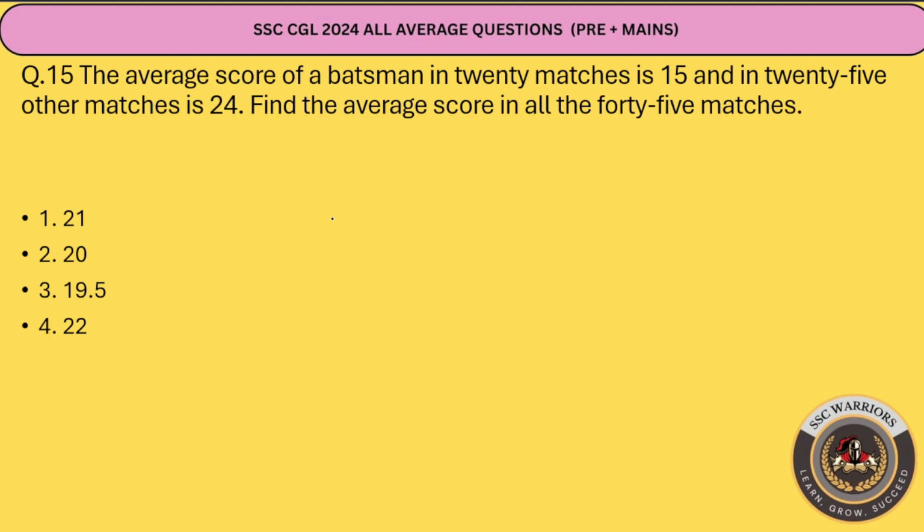Find the average score of a batsman in 20 matches. If the average score of a batsman in 20 matches is 15 and in 25 other matches is 24, find the average score in all 45 matches.